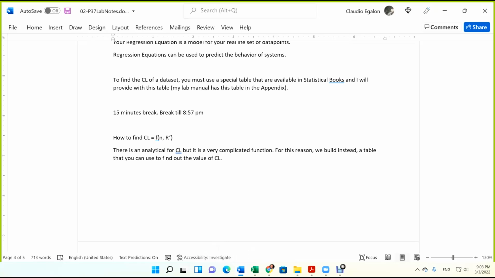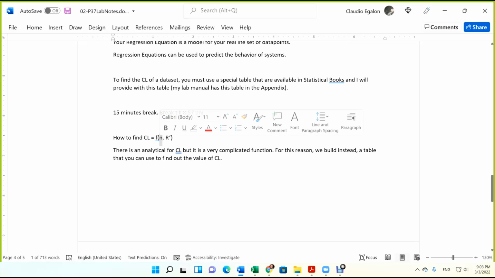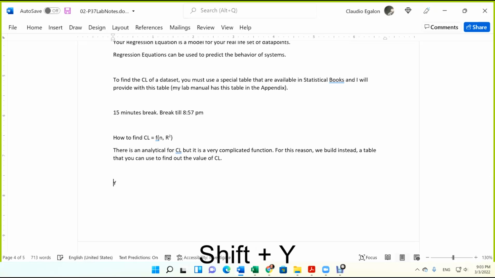Remember, CL is a function of n and r squared. If you have those two values, you can find what the value of CL is. And you have to learn how to use this table.